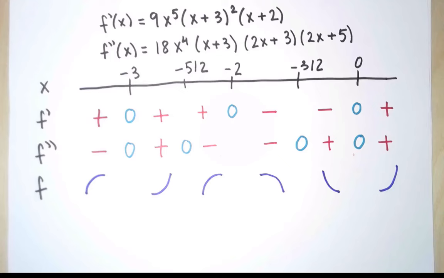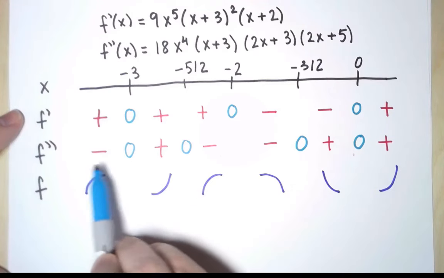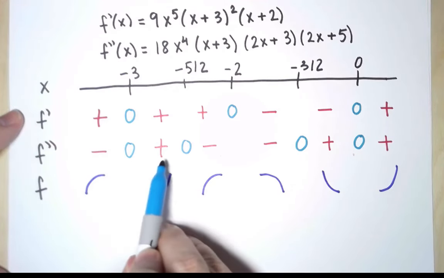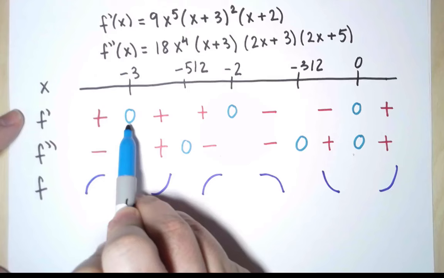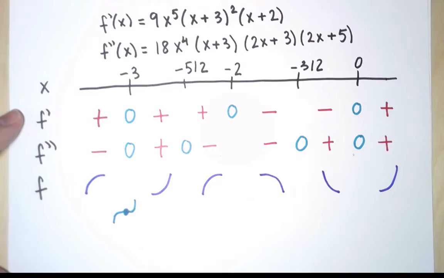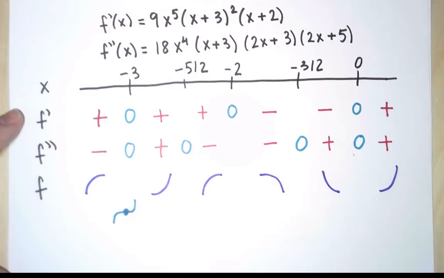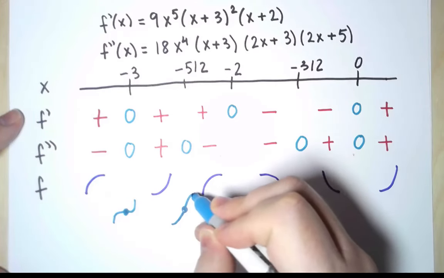Finally, let's look at the shape around each of the special points. At -3, the derivative is 0, the concavity changes, so I have an inflection point with a horizontal tangent line, and the function remains increasing on both sides. At -5/2, I also have an inflection point where the function remains increasing with positive slope.